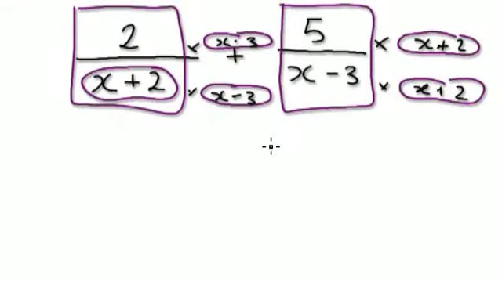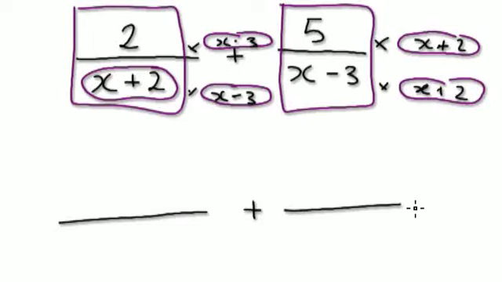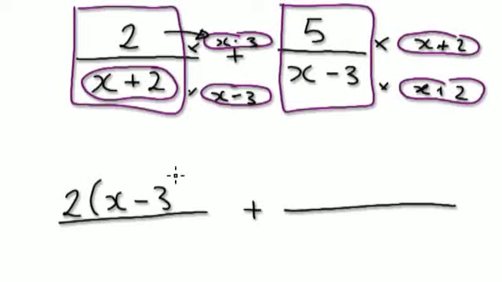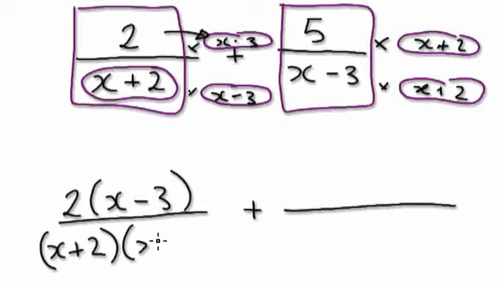Okay. So let's tidy this up. So now it's going to be 2 times this bubble here, okay, which will be this, minus 3. And then at the bottom, it will be this bubble, x plus 2, bracket, times this bubble here, x minus 3.